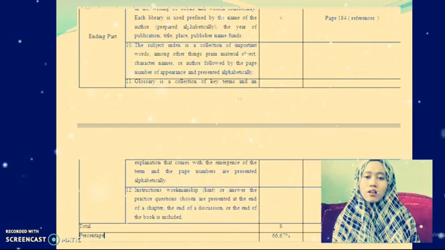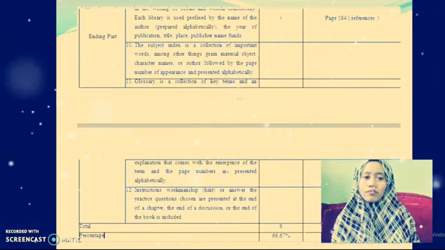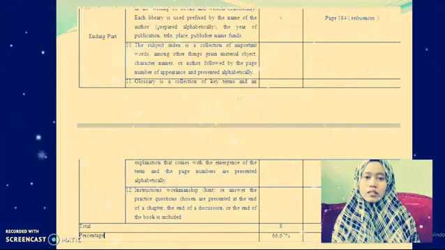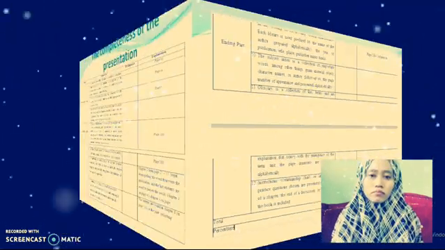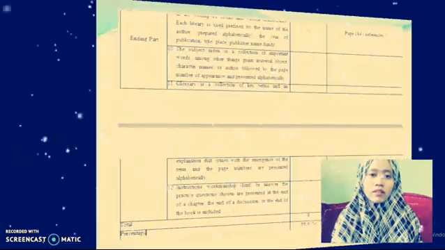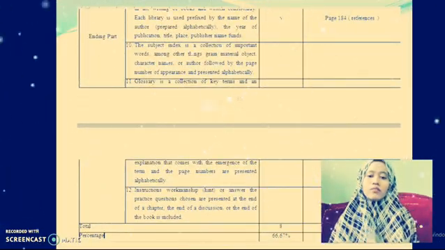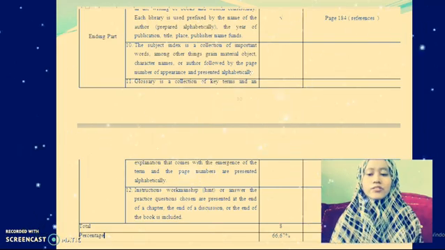There are several indicators that are not fulfilled in the textbook. One of them is the glossary. The glossary is not provided in the textbook, so the completeness of the presentation only fulfills 8 indicators.